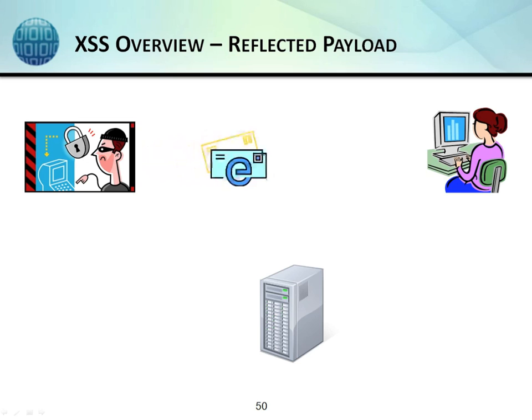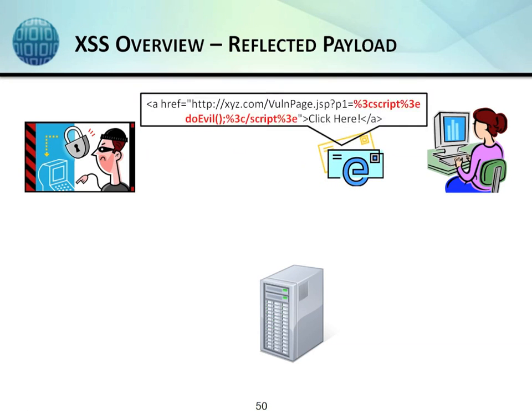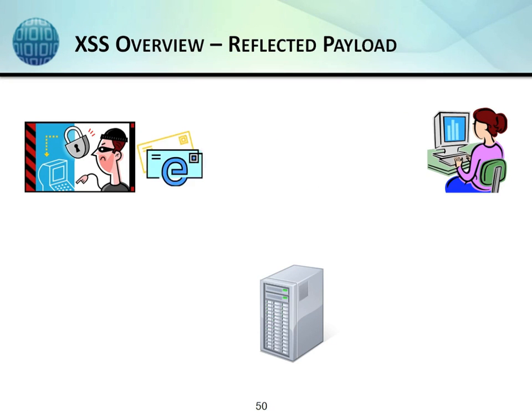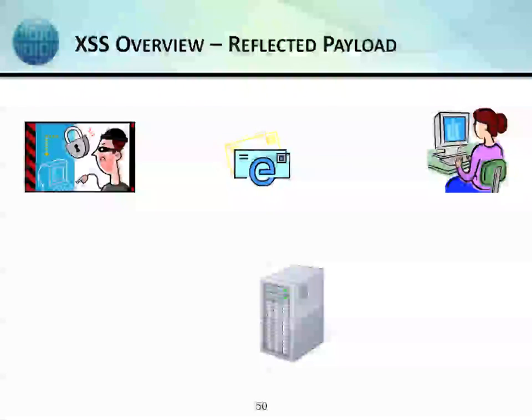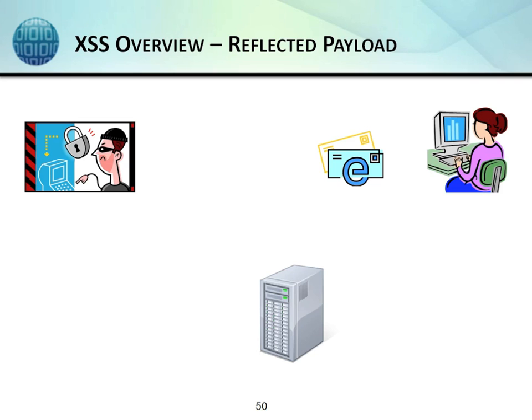Reflected. So the first thing with reflected is, because the input's being echoed directly back in the page, you have to find a way to get that code to execute against another user.